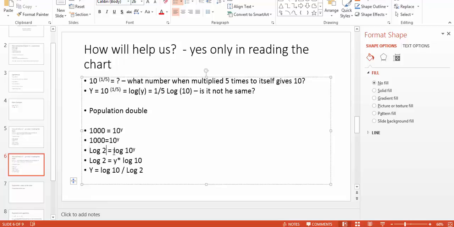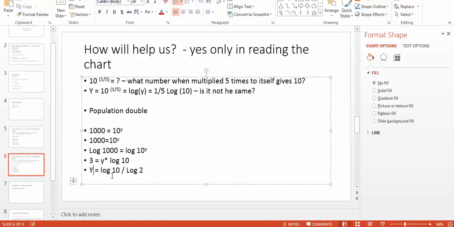Suppose we want to take a log, so we take a log of both sides, so this becomes a log of 1000. Now we know that log of 1000 is 3, and y into log of 10. So 10 to the power of what is 10? It's 1.